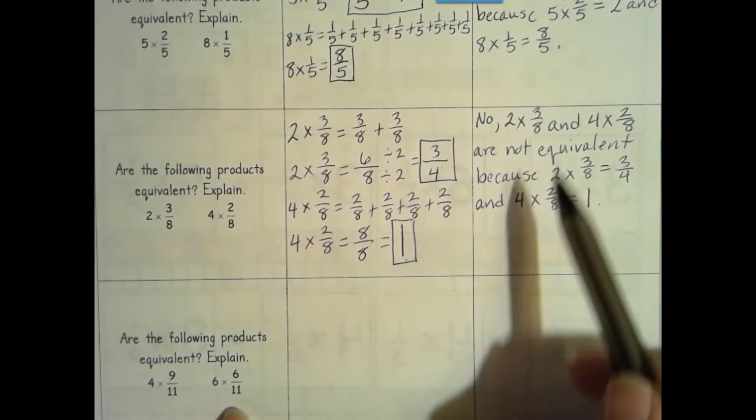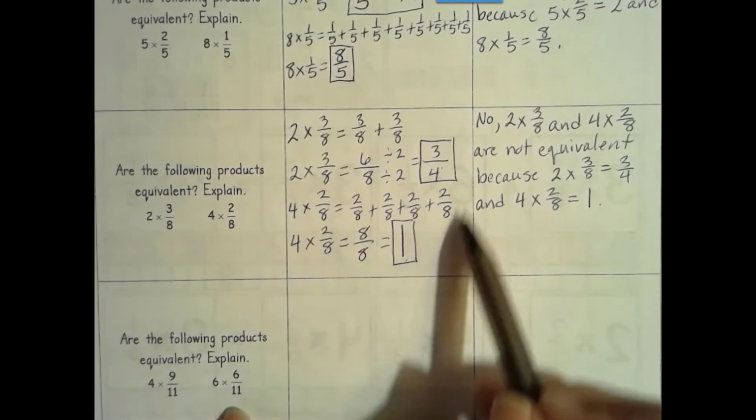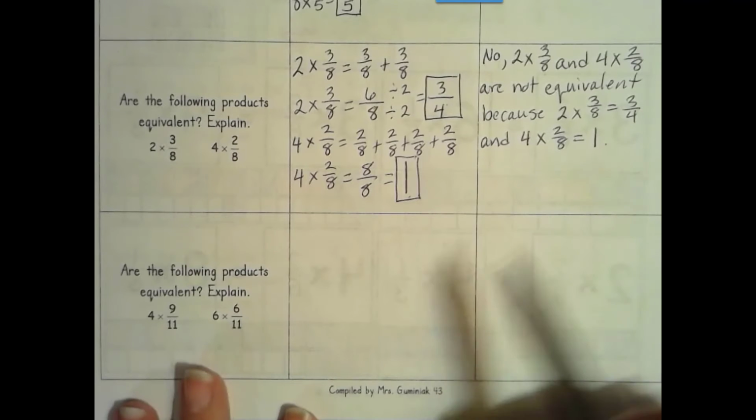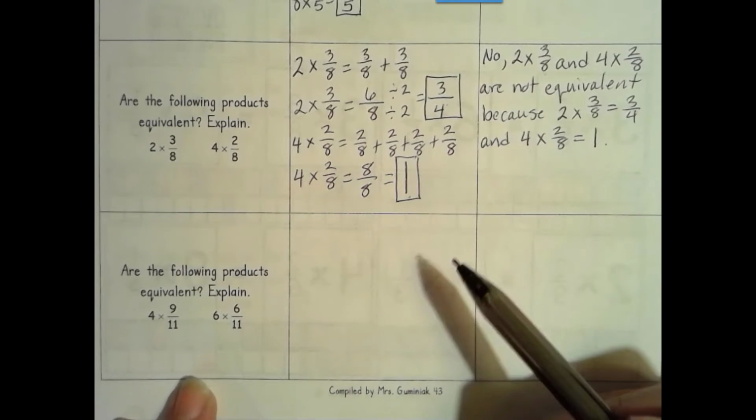We have our claim, we have our evidence, and then this is our reasoning right here. We need to explain further how we knew for our evidence.